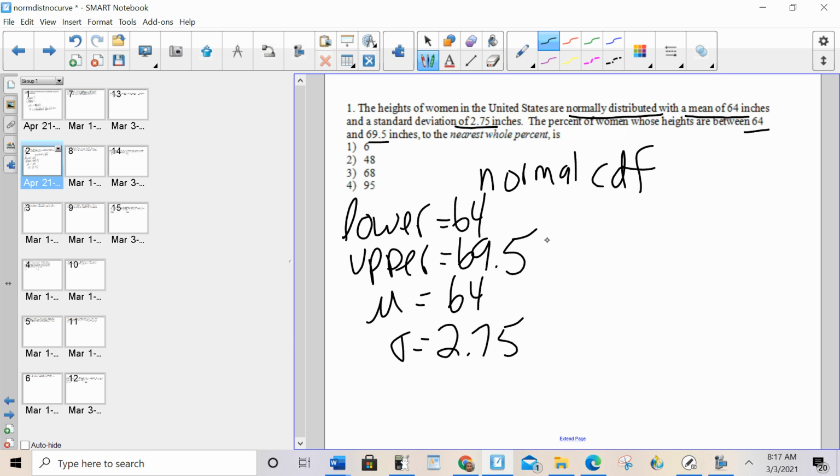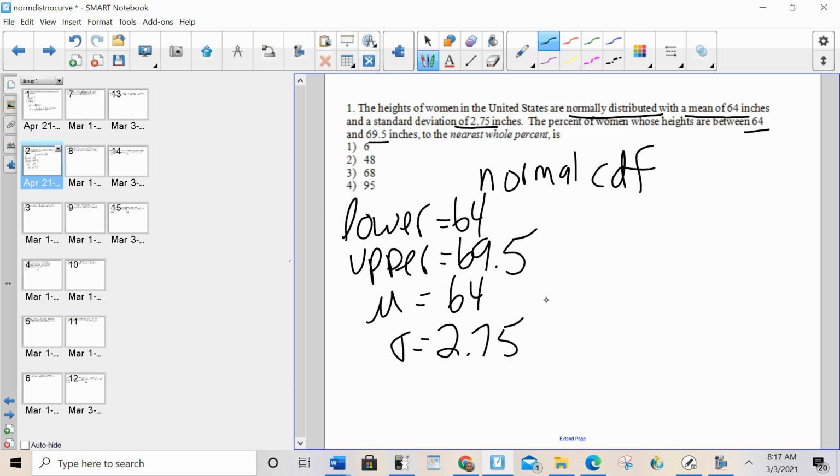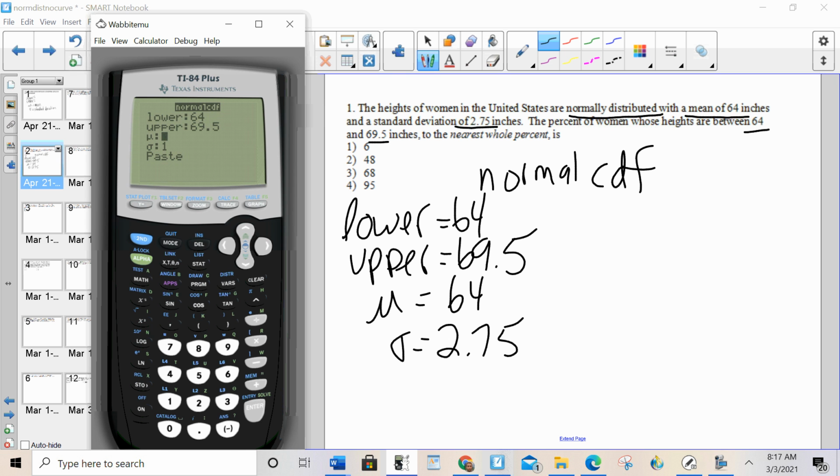So now I just pop those values into the calculator. 64, 69.5. Mu is 64 as well, and sigma is 2.75. I hit enter on paste. I hit enter again.